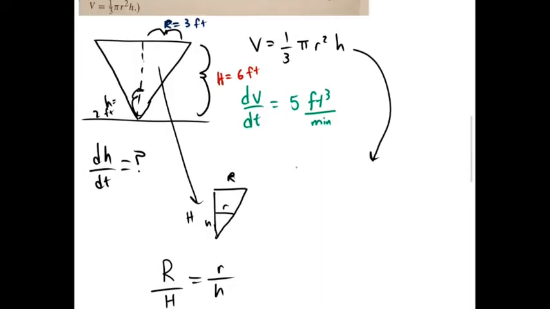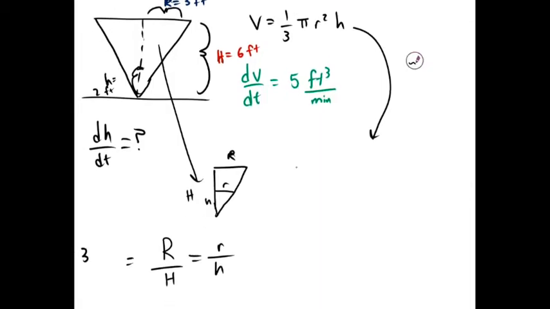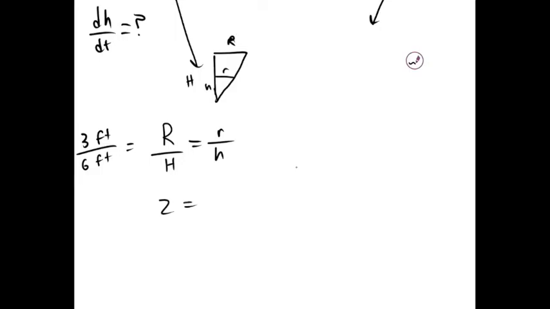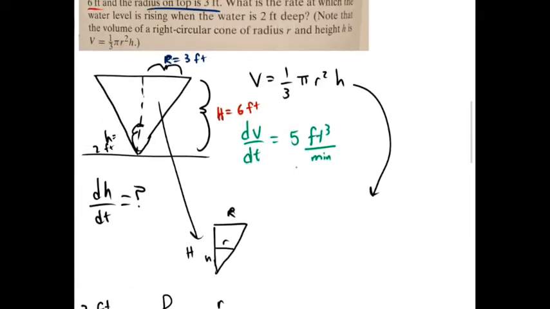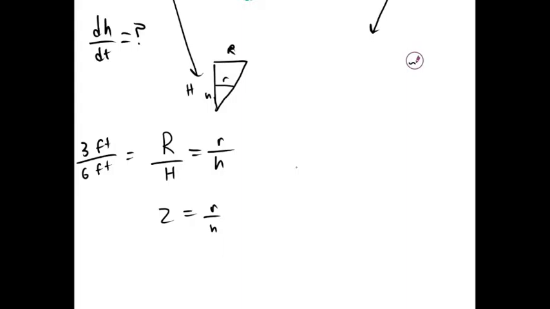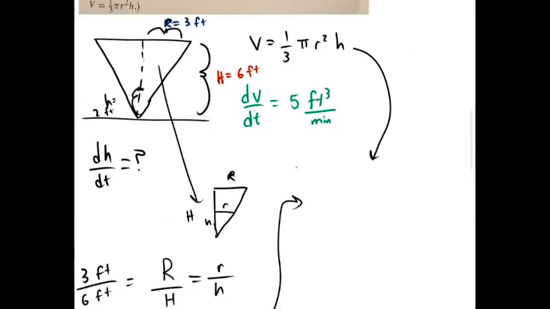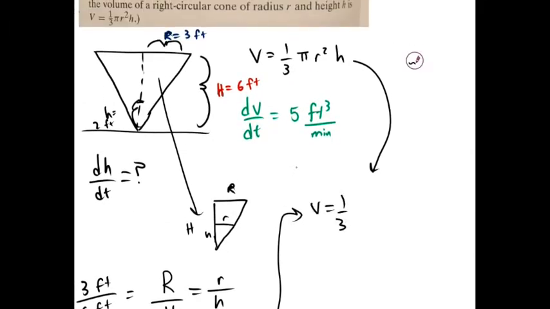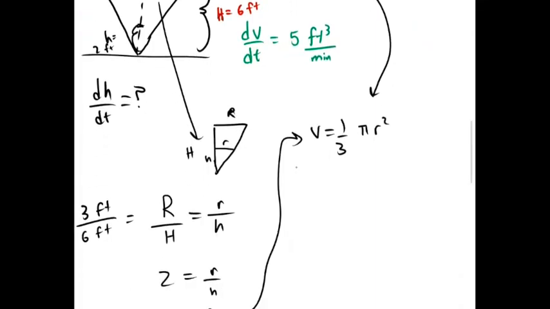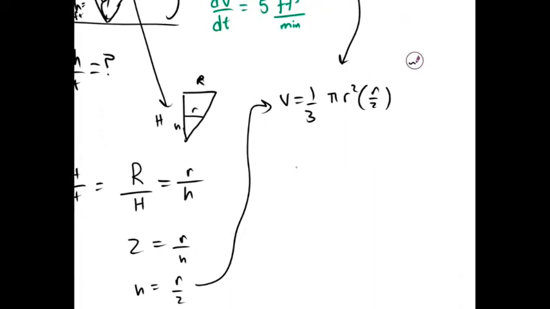Capital R is 3 feet, capital H is 6 feet, so the ratio is 1/2. This tells us that h equals r over 2. If we plug that into our formula, V equals 1/3 pi r squared times h, which is r over 2, that gives us V equals 1/6 pi r cubed.